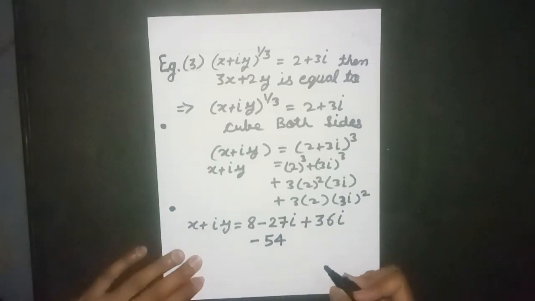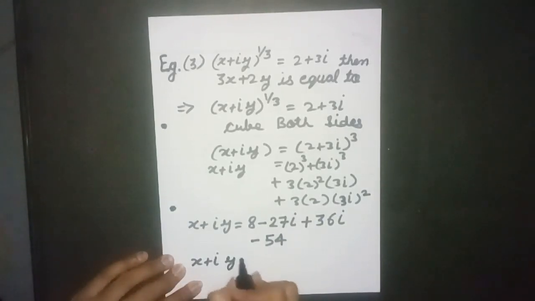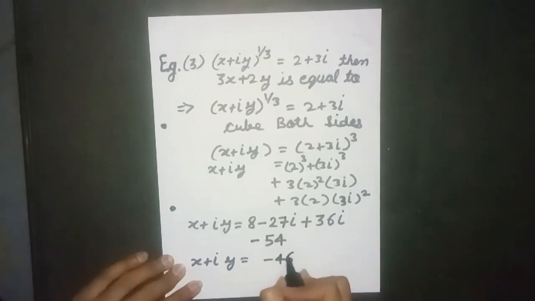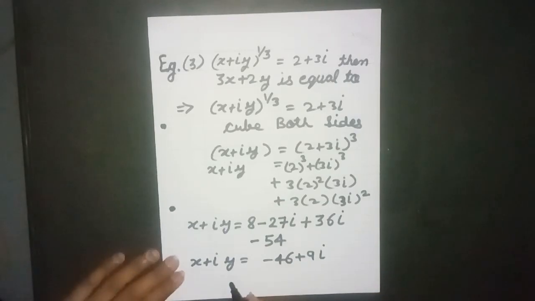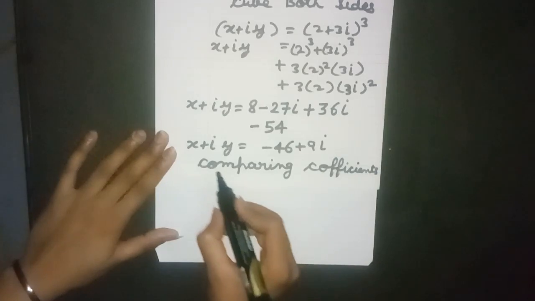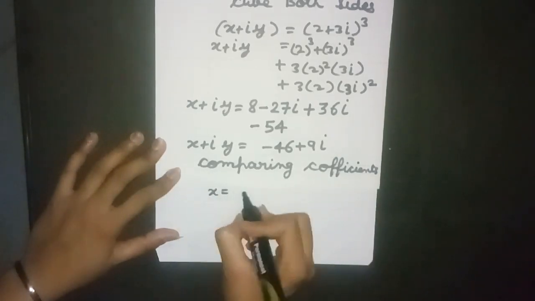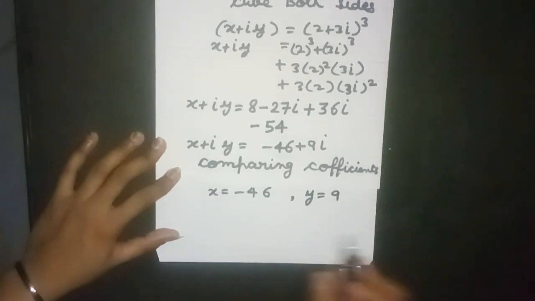Got it? So x plus iota y is equal to minus 46 plus 9 iota. So comparing the coefficients of the real and imaginary parts, got it? Now x is equal to minus 46 and y is equal to 9.